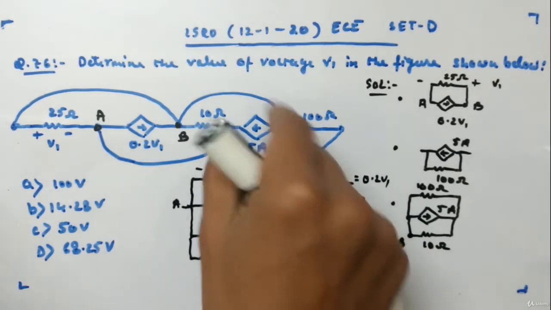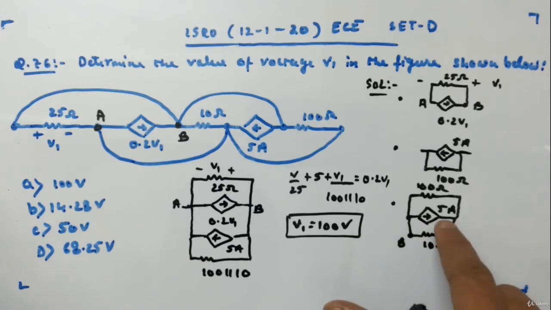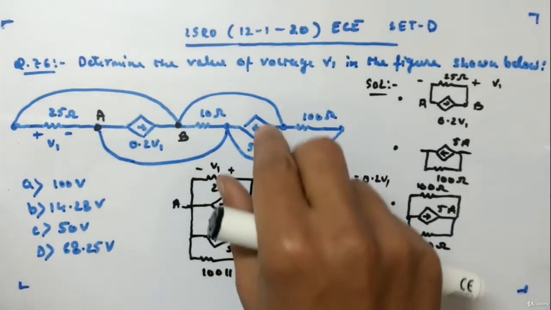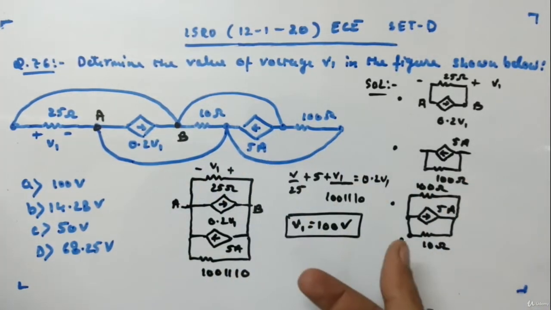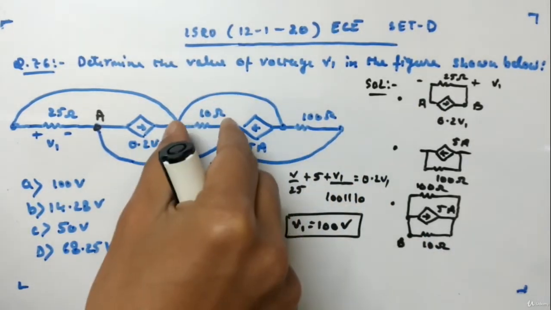Okay, so like this we have rotated 10 ohm. This is your B node, current is going that way, 100 ohm is there. So 100 ohm and 10 ohm are in parallel and 5 ampere current is going. Now the last step is, this whole circuit is rotated with respect to B, because now the whole circuit is here.